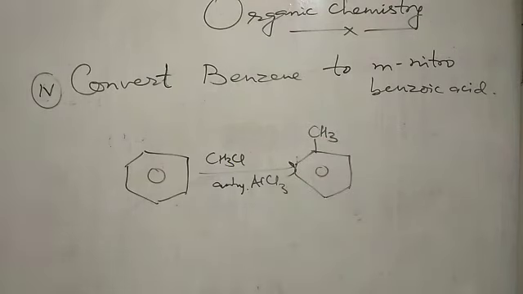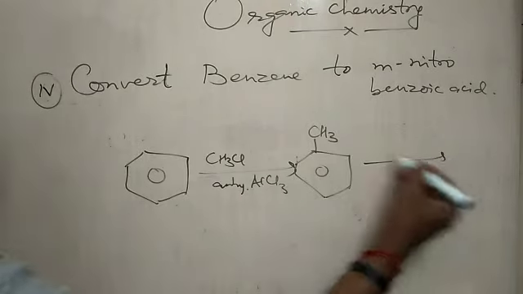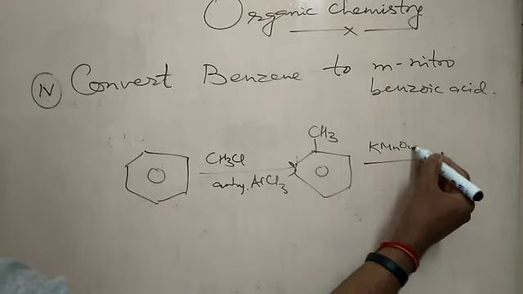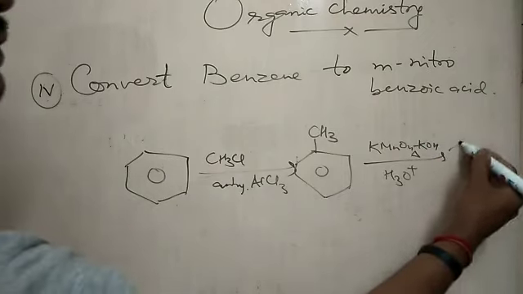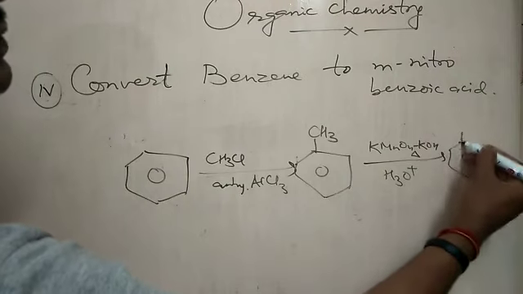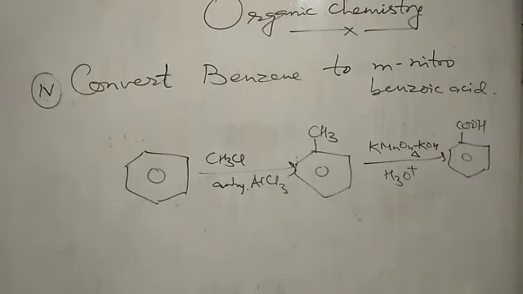Now toluene is oxidized in presence of KMnO4, KOH, heated and then treated with H3O plus. It will give benzoic acid.